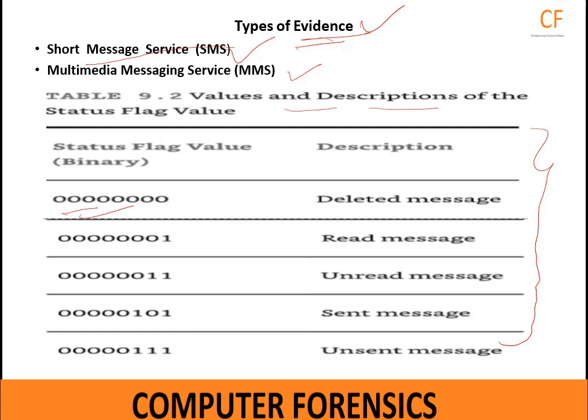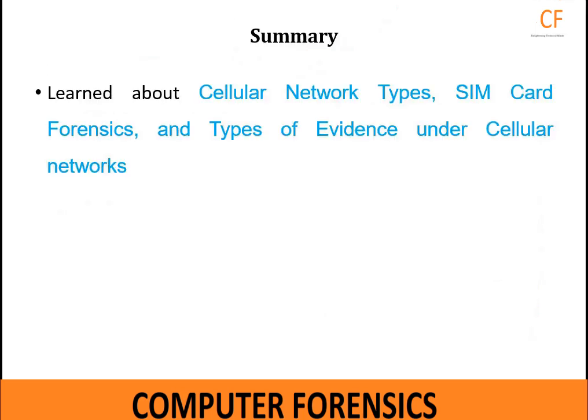Multimedia Messaging Service, MMS, is a messaging service found on most cell phones that allows users to send multimedia content like audio, video, and images. Using a cell phone forensics tool, you can pull this multimedia content out of the user's messages. MMS can be retrieved from the SIM card or from a mobile device.